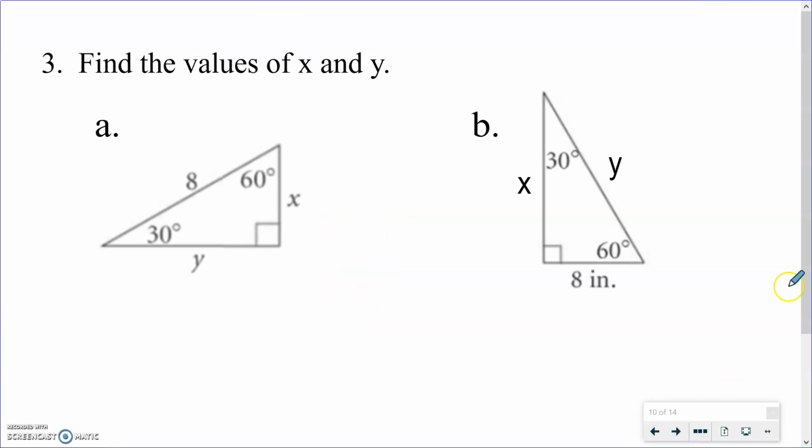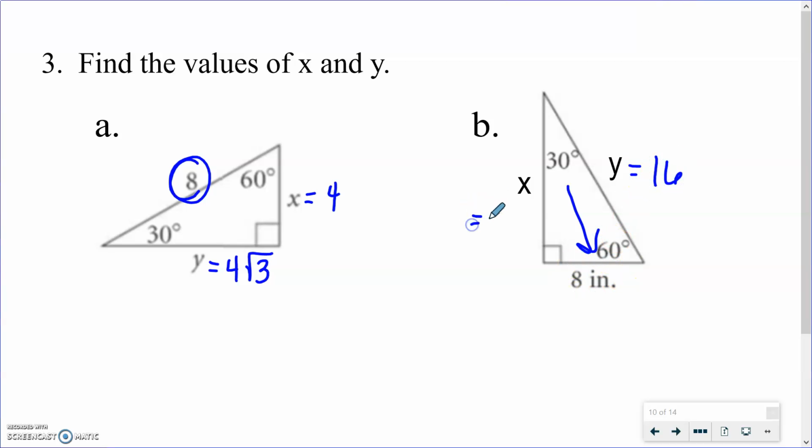Then, if we have a 30, 60, 90, we can use this and say, okay, this is 2x, and so our shortest side is going to be half that, which is 4, and then this is going to be 4 square root 3. Okay, now this case, this is across from the 30-degree angle, so this is our shortest side, so this one's going to be double that, and this side is going to be 8 square root 3. Okay?